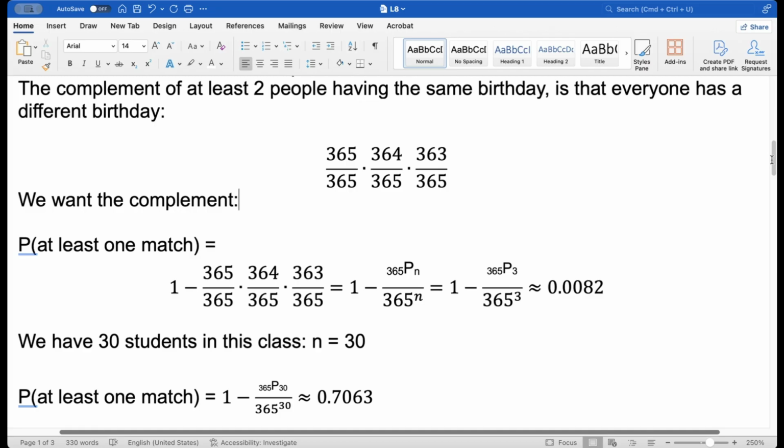So about 71% chance. So a little bit maybe counterintuitive. With 365 days, it does turn out that with 30 people, the chances of at least one matching birthday is over 70%.